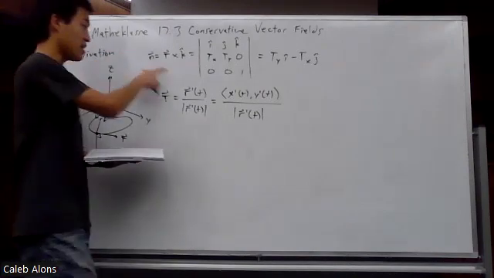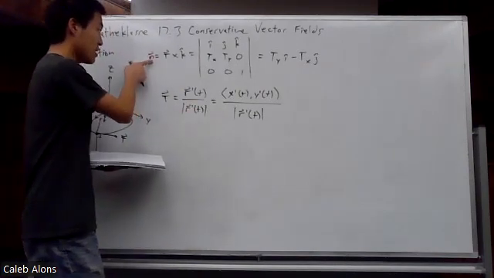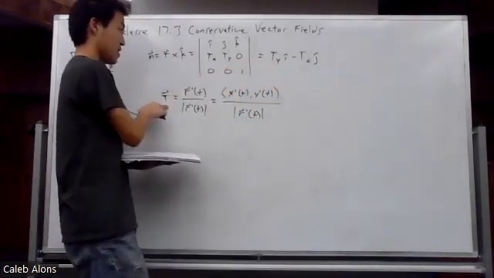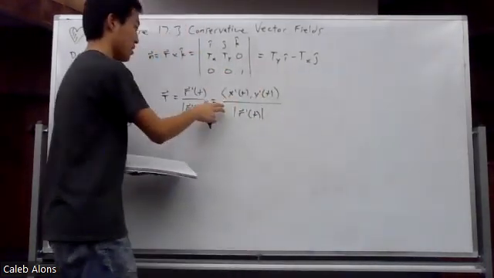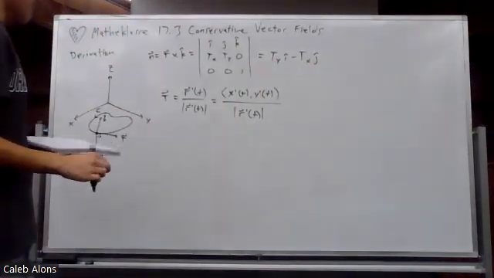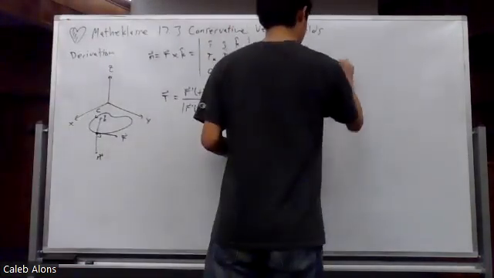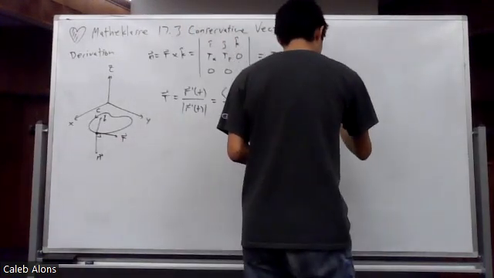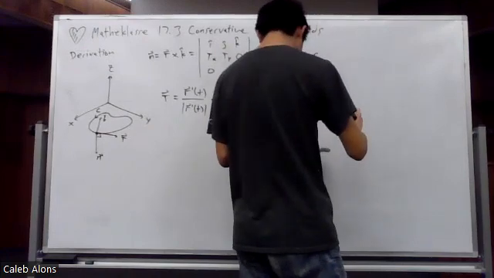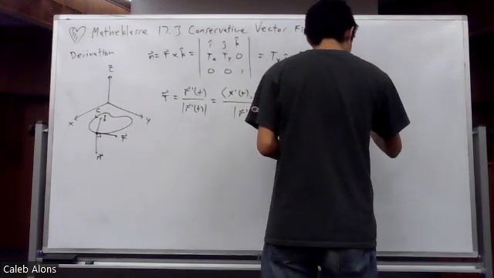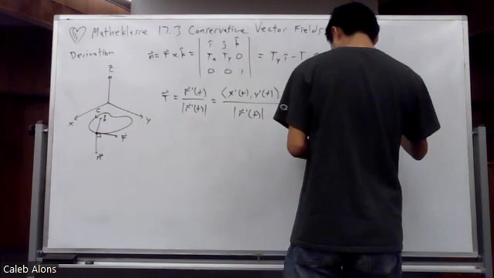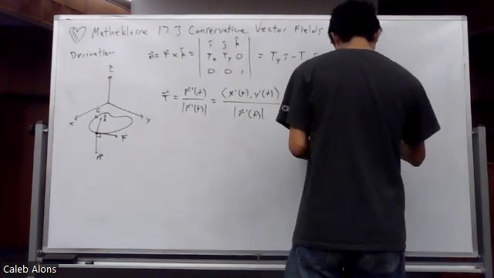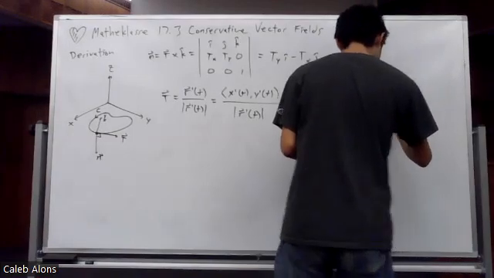If I use this information and this information together, Ty is the y component of this, Tx is the x component of this. I'm going to put that information together here. They come together and they give this. We get N is equal to y prime of t, minus x prime of t, all over r prime.